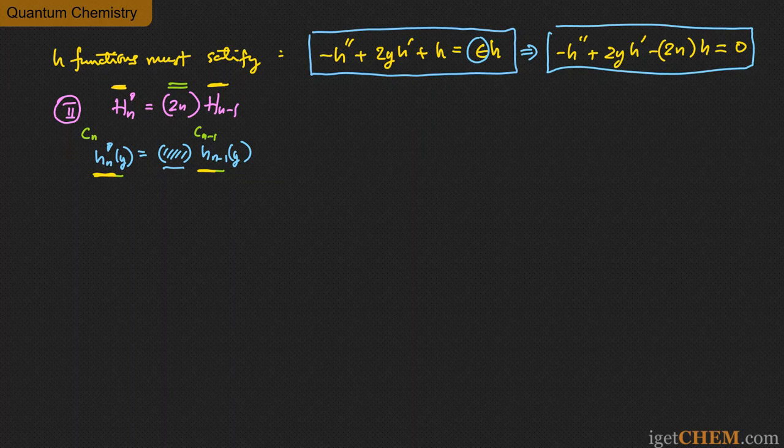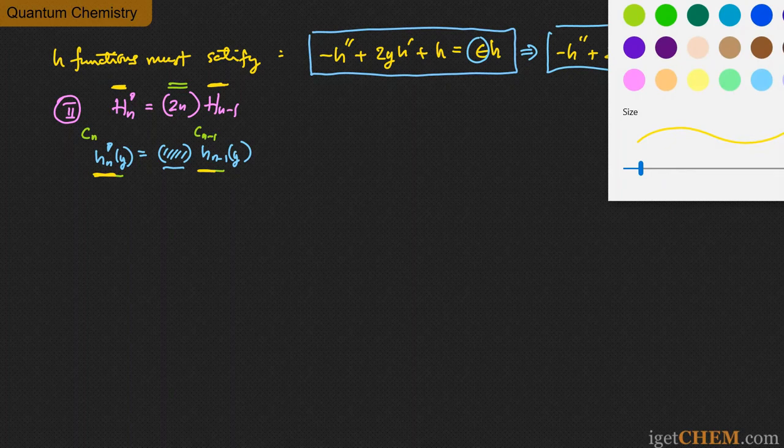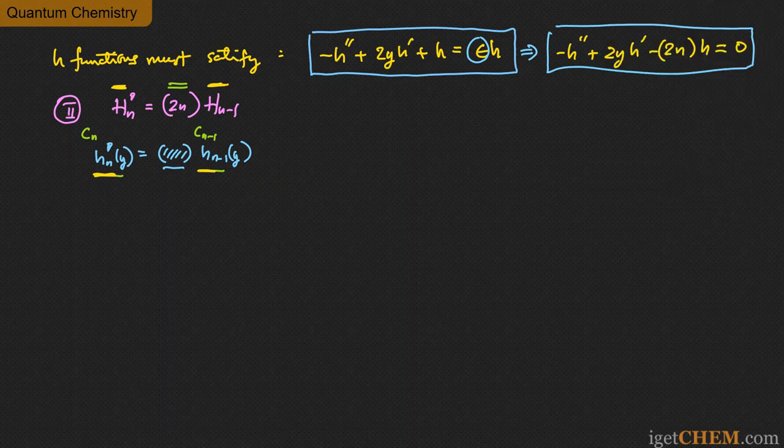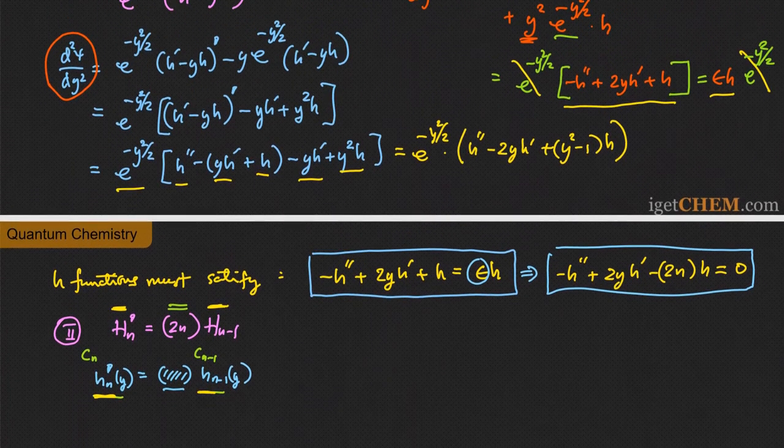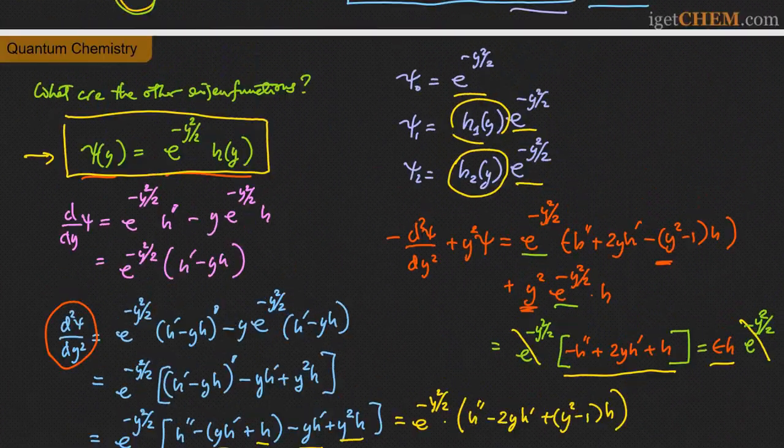With that in mind, we can see quite easily how this works. But before I show this in general, what I'm going to do is take the h functions that I know from the solutions above, and apply this recurrence to test whether it's at least right.